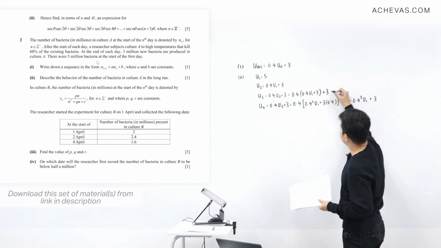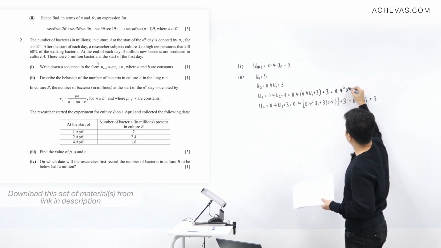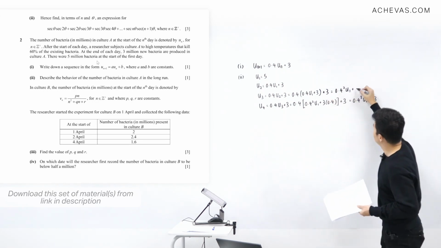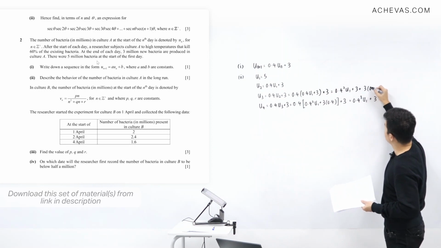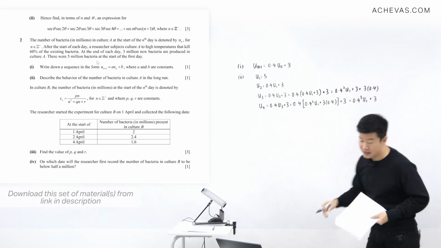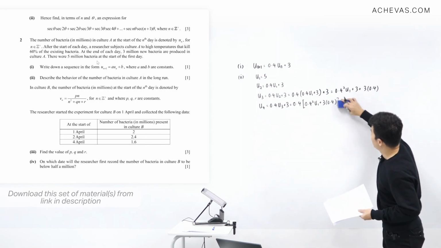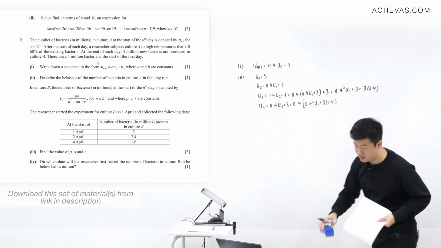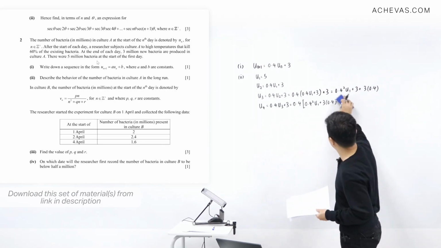So this is going to be equal to 0.4 squared of U1 plus 3, then plus this times this, which is 3 times 0.4. Let me add it in here, to redeem myself. So we have this over here. Okay, I'm going to erase this too.